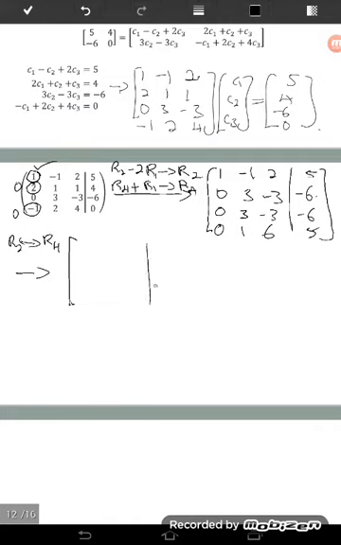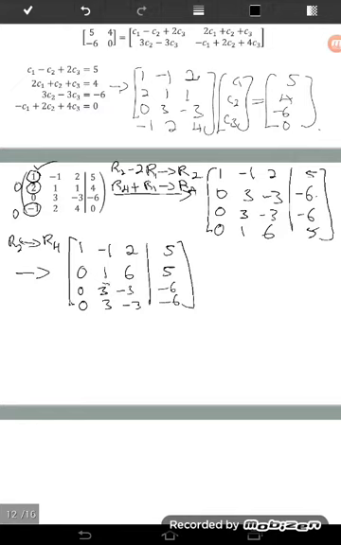So I have here 1, -1, 2, and 5. And here is 0, 1, 6, and 5. Here 0, 3, -3, -6. And row number 4 is 0, 3, -3, -6.